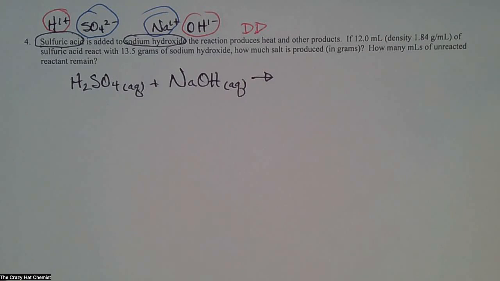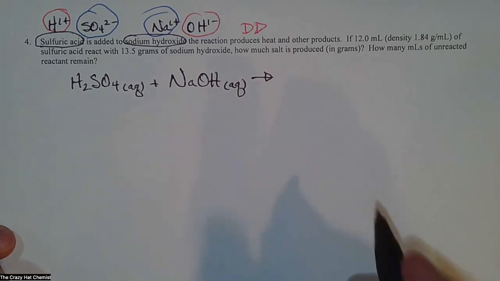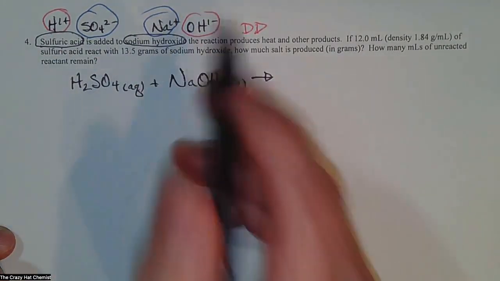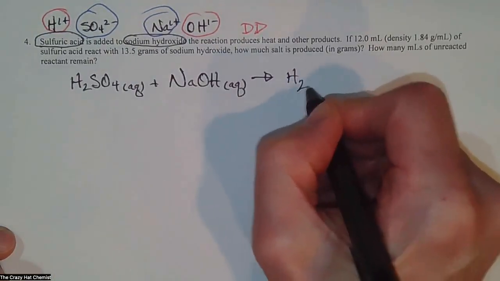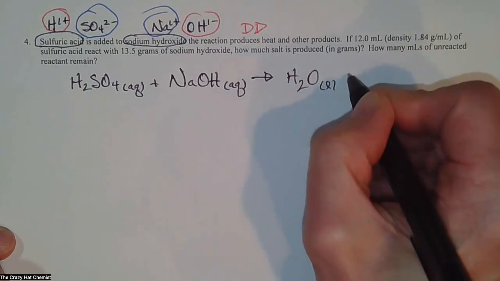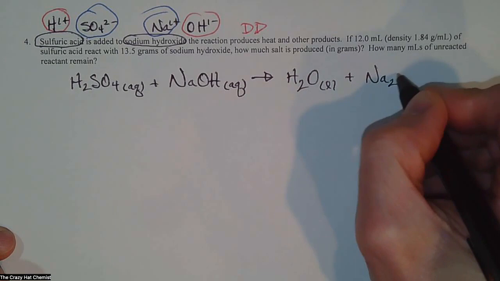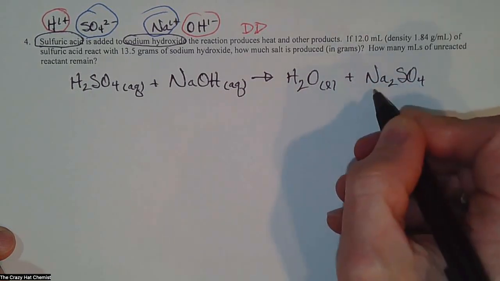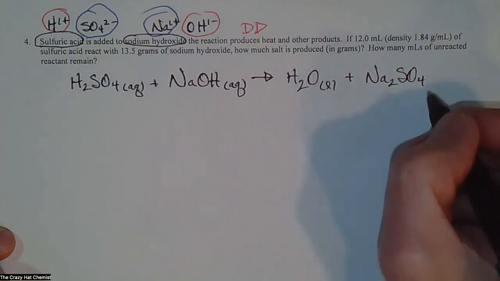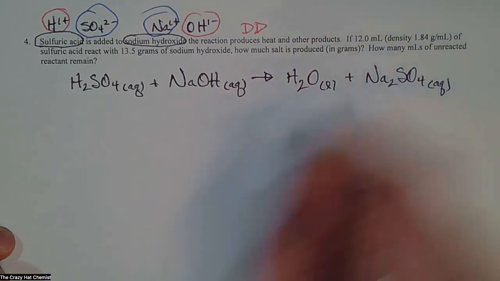It doesn't matter which one we write first, provided that we have the correct formulas. So hydrogen and hydroxide, that's actually going to be H2O. That's a liquid. And then we have sodium sulfate, Na2SO4. It has a group 1 sodium, and therefore that's aqueous.